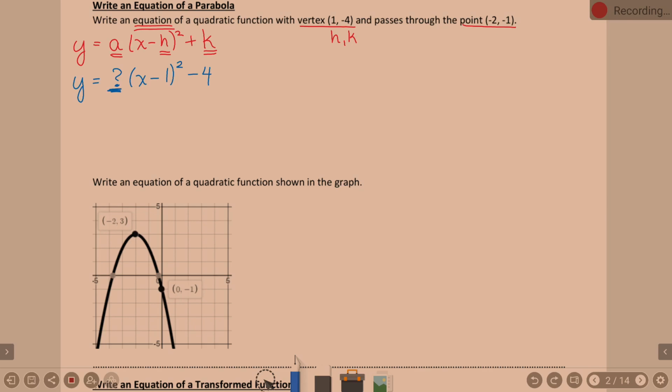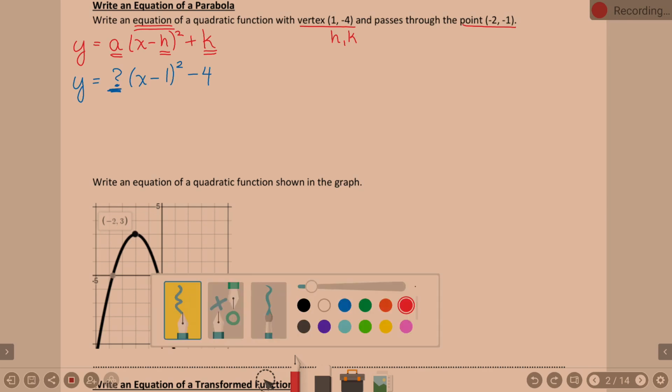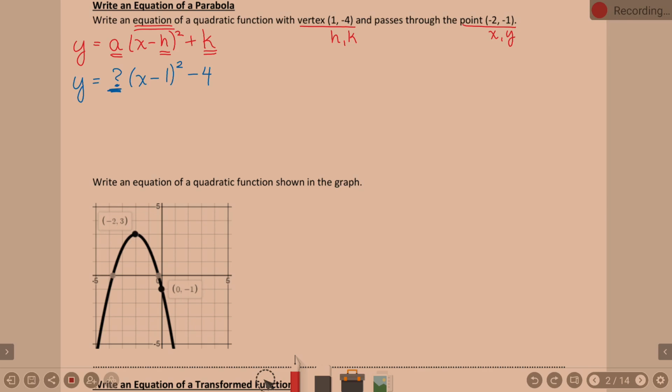And we know for some reason they gave us an extra point. I mean, they could give us extra information, but they gave us this point for a reason. What's the order in an ordered pair? Just in general, an ordered pair is always (x, y). So what they gave me here is an extra x and y. Okay?